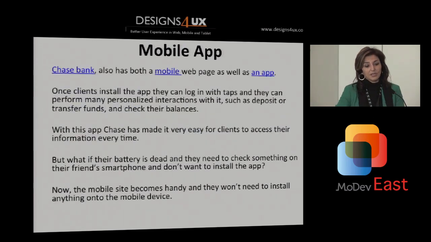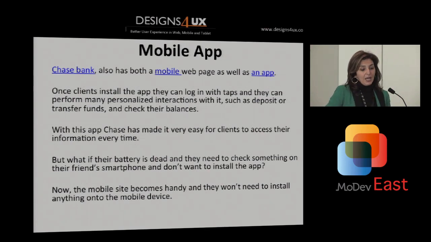Another sample that I want to give you is Chase Bank, their mobile site and their app. When you install their app, you can personalize it, or you can scan your checks, deposit, transfer funds, see your balances, and so on. Let's say a scenario where the user is out of battery on their smartphone, and they don't want to install the app on their friend's or someone else's smartphone.